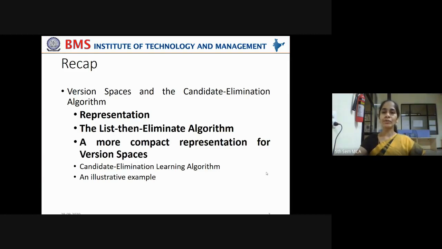Now we have used VS as the symbol for version space, and we are also using the suffixes H and D. I told you how to read this, right? This symbol, how do you read it? Can anybody read this notation?